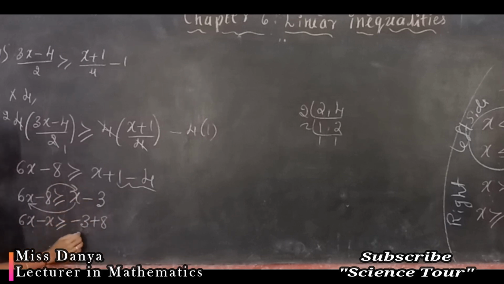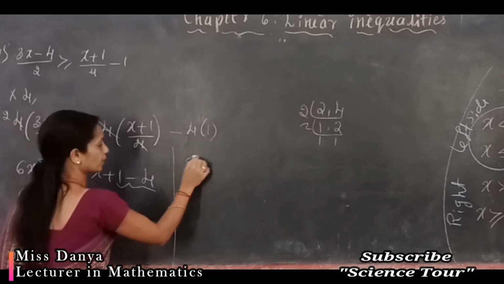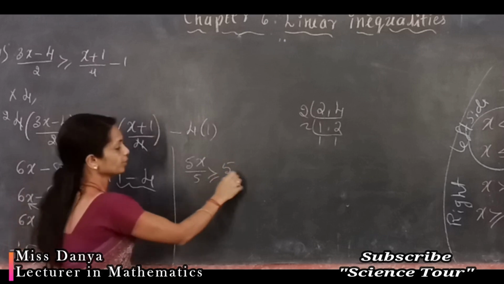8 minus 3 that is 5, greater than or equal to 6x minus 1x that is 5x. Here the coefficient of x is not 1, it is multiplied by 5. So to cancel that you have to divide by 5 on both sides of this inequality. So now we get what? 5x divided by 5 greater than or equal to 5 divided by 5.